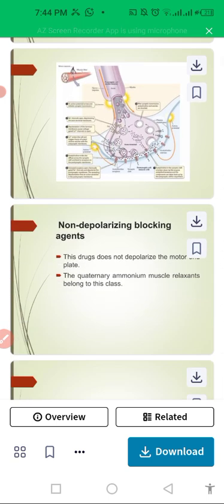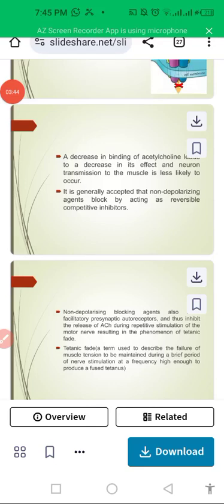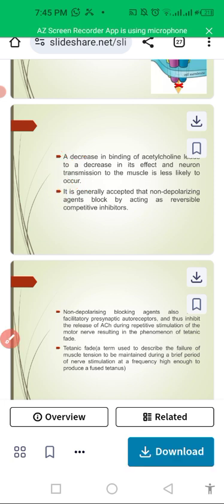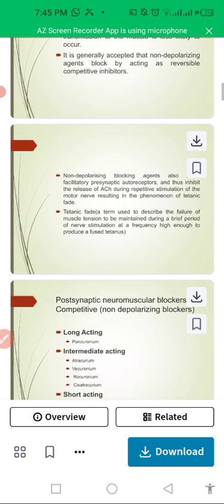Next, when these agents bind with the receptor, decreased binding of acetylcholine results in decreased effect on the neuron, and generally the non-depolarizing agent blocks it by reversibly and competitively inhibiting the nicotinic receptor on the postsynaptic membrane.